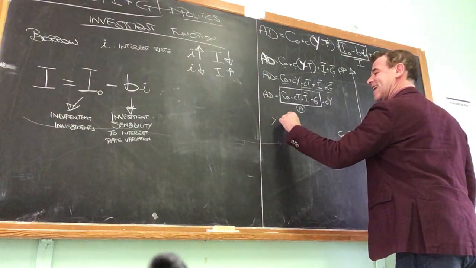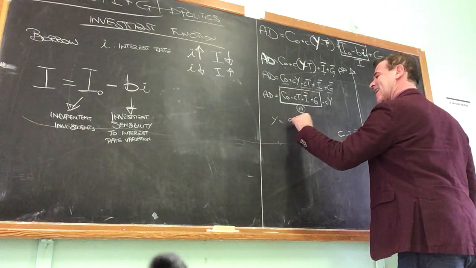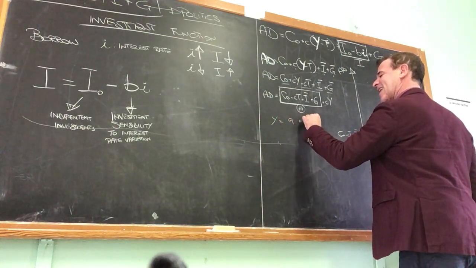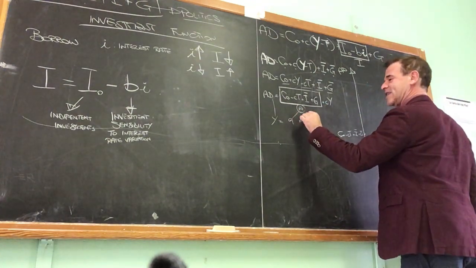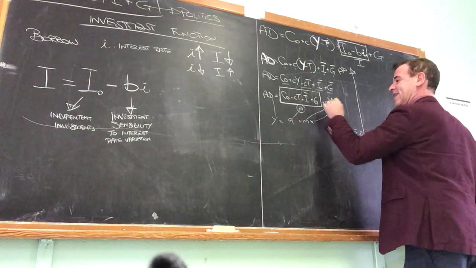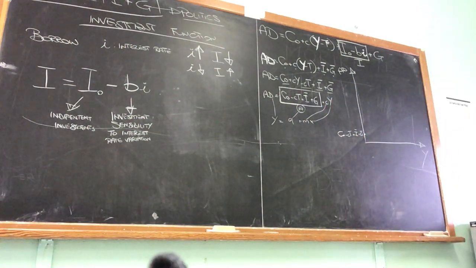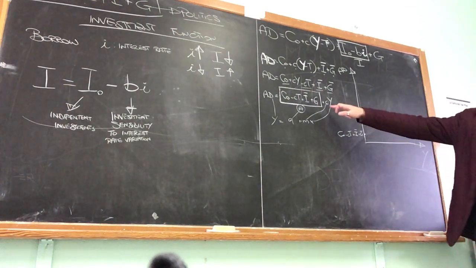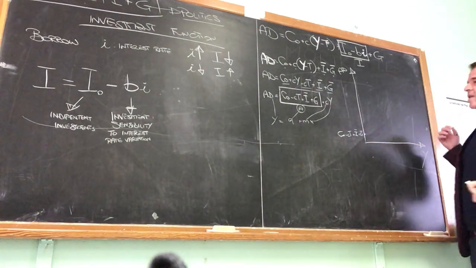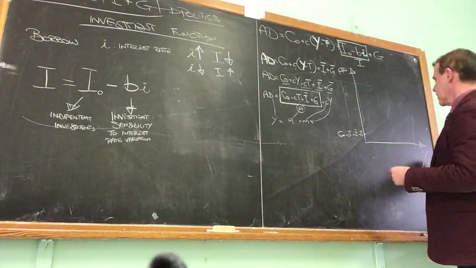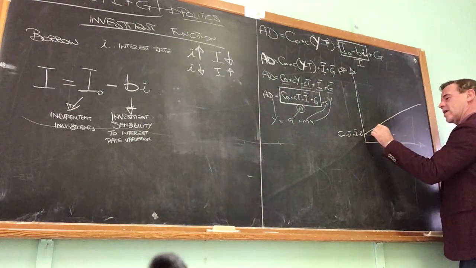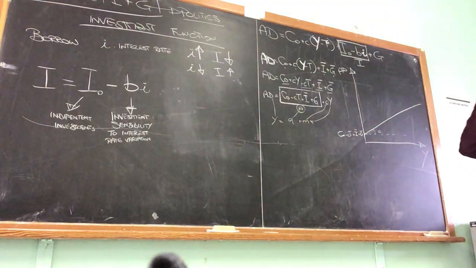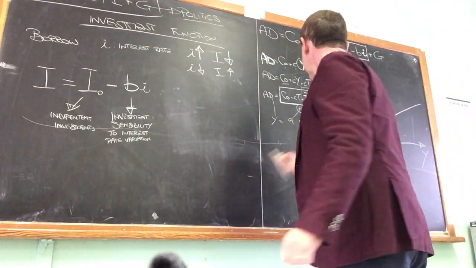The straight line: this is y, this is q, this is m, and this is x. Okay? So the slope will be little c, propensity to consume.